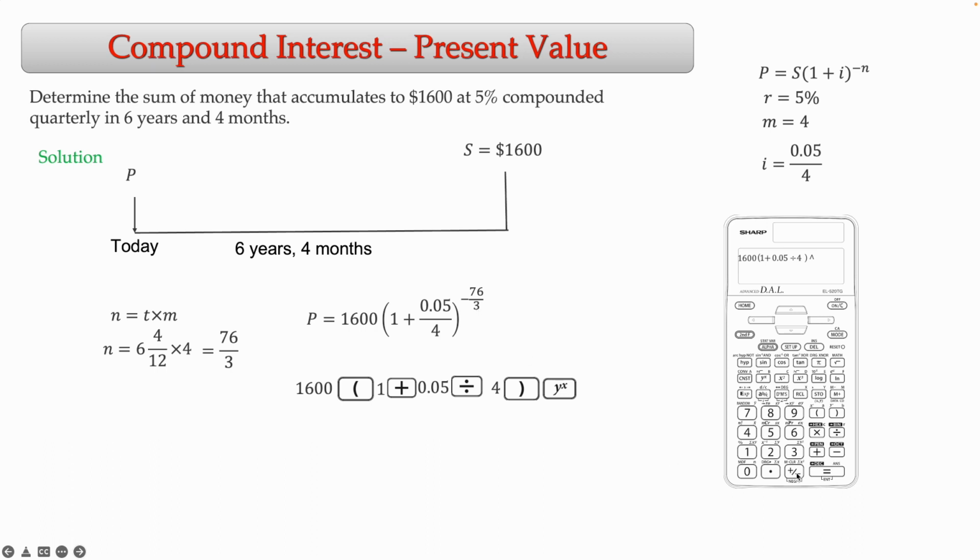So minus 76, and then ABC 3. So this is what you see on the screen of your calculator. Okay, press the key equal, and it gives you the answer.